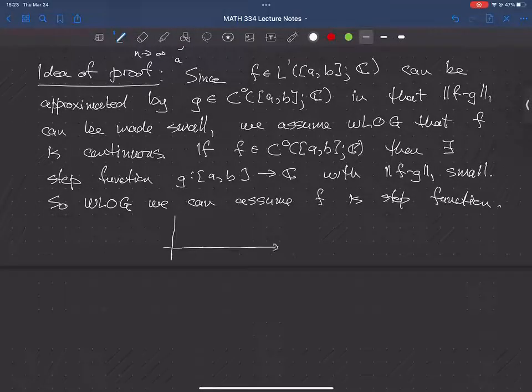So that means there's a finite partition of the interval AB into subintervals, and on each subinterval the step function approximation will be constant. There's a finite number of these constant subintervals in my partition, and so if I can prove the lemma for constant functions, for each one of these, then I can prove it for a finite number of them.